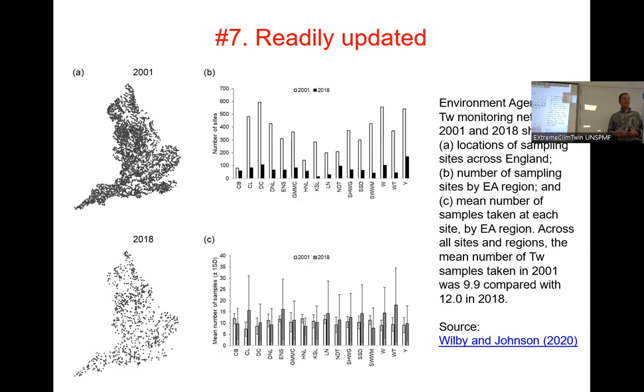It's costly to send people to collect the data. So there's constant pressure on government agencies in the UK and elsewhere to rationalise monitoring programs, and that can introduce shrinkage of the network. It can mean even very long data sets may be closed. So readily updated is often one of the key things that we struggle with.